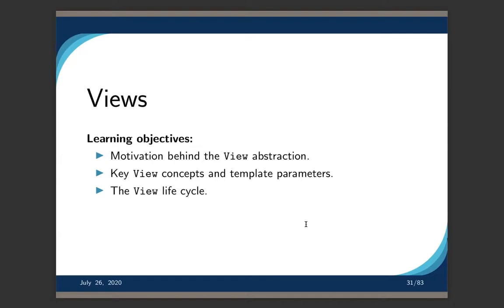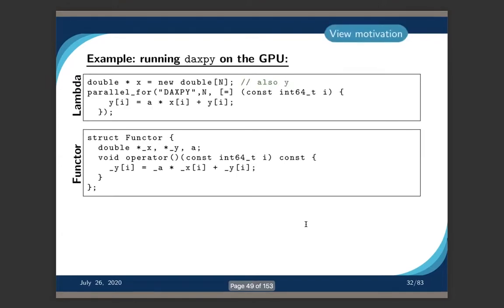Okay. So what I want to talk to you about now is what we call our view abstraction. We'll talk about the key concepts for view, its template parameters and its life cycle. So think about when you actually want to do something with data, like you want to run a DAXPY on the GPU. You started with just some CPU code, right?